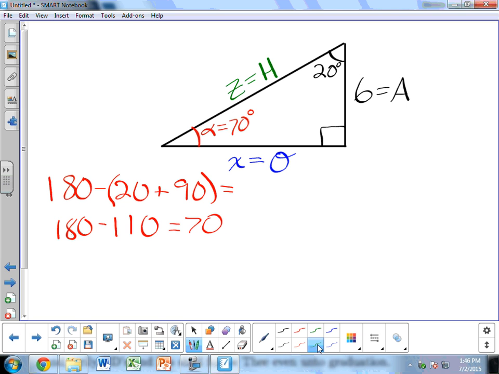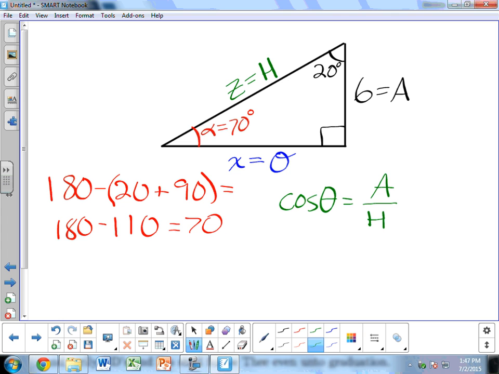Next, let's find z, which will utilize the adjacent and the hypotenuse. So we have to look back at what trig function utilizes the adjacent and the hypotenuse, and that is going to be the cosine. So the cosine of our theta equals the adjacent over the hypotenuse.